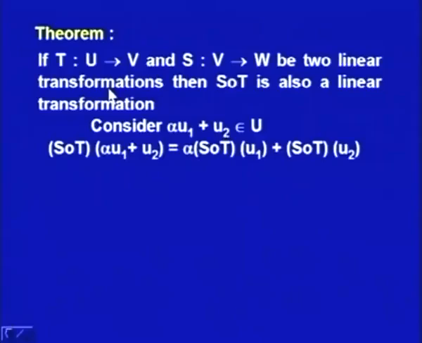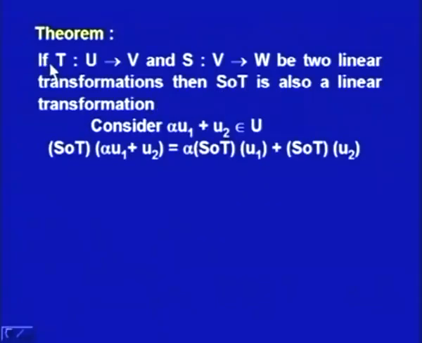On the basis of this, I will establish certain results in the form of theorems. So, if we have a linear transformation T from the vector space U into V and another transformation S from V into W, then SoT is also a linear transformation.